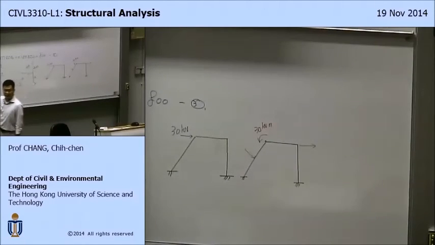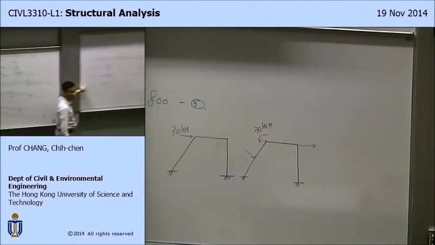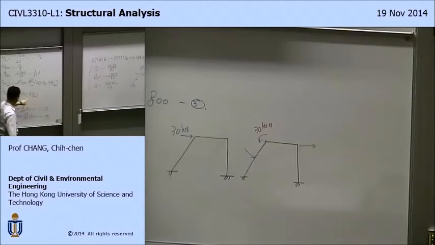All right, so do you have any questions about this? So after getting that, all you need to do is come back to slope deflections, substituting them one by one. Then you get the end moments for all the components, and then calculating the shear force and plot them out, shear force and bending moment diagrams.